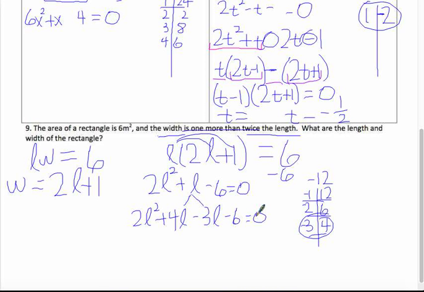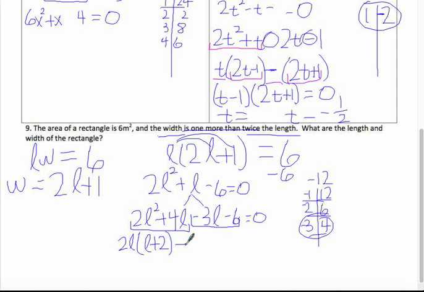And my GCF in this first pair of terms is a 2L. So this is one of those cases where it's easy to, if you only factor out an L, then it wouldn't work. So we factor out 2L, and we're left with L plus 2. And here we can factor out a negative 3.